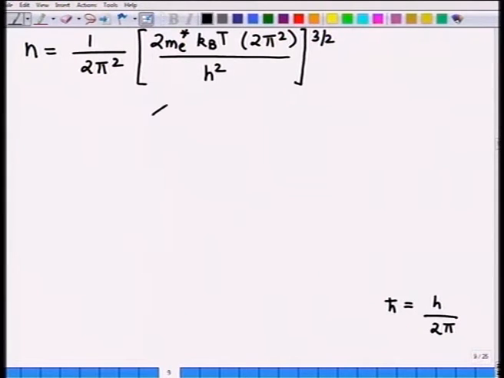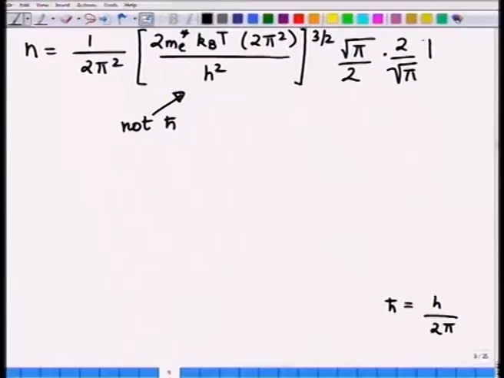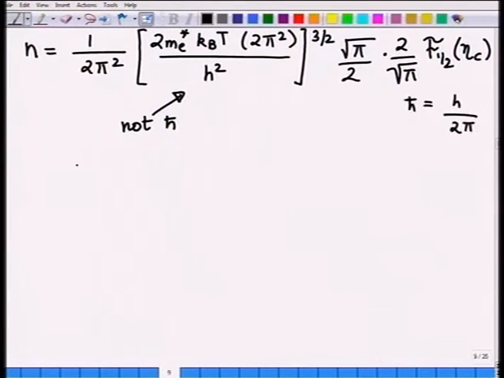So, this is not h bar anymore, it is h now. And what I am going to do is put now a factor root pi by 2, and then also I will write this as 2 by root pi times the Fermi-Dirac integral of order half. So, I am going to do a simplification of this coefficient and write the expression after that.